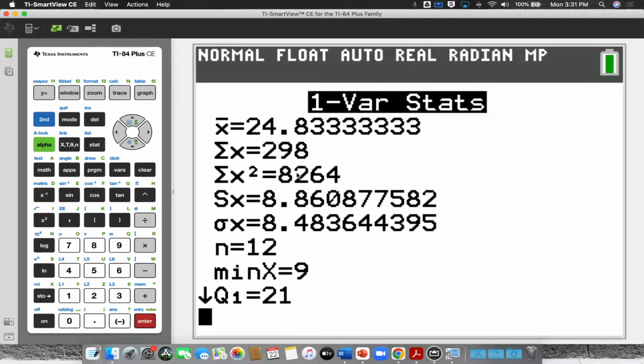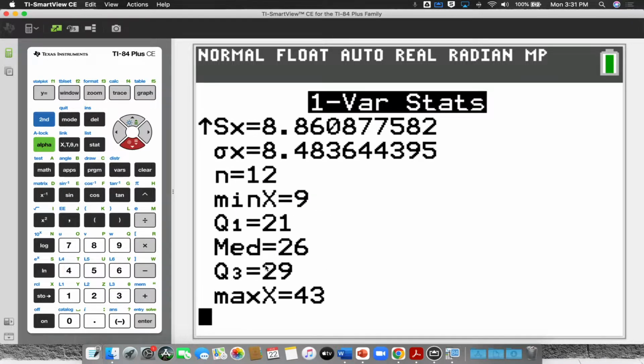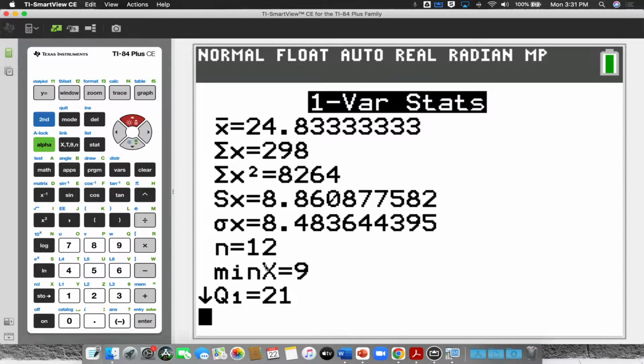Well, I already told you what the top 3 are, and I told you what the rest of them are. If you scroll down, I don't want to tell you what S of X is because it's not necessary right now for chapter 1. We only use sigma of X. It's the O with the X on it.